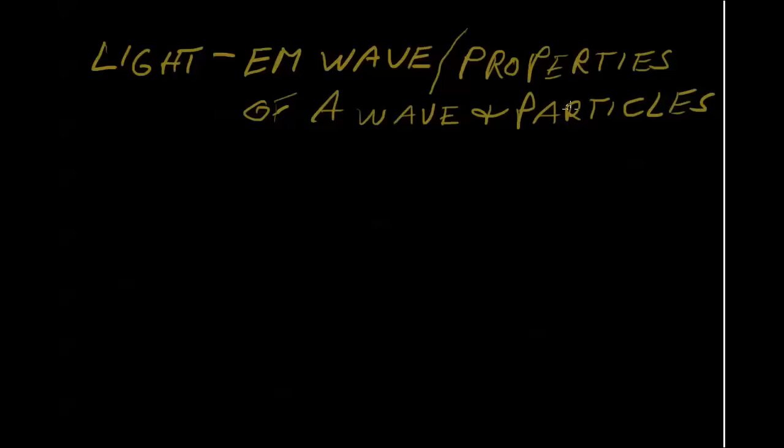When you get into physics, you're going to get into this whole wave particle nature of light. But an interesting thing on an electromagnetic wave or light wave is a term called a photon.